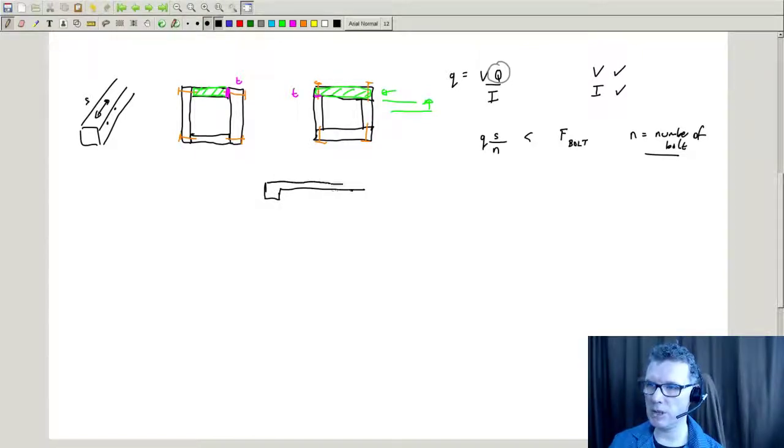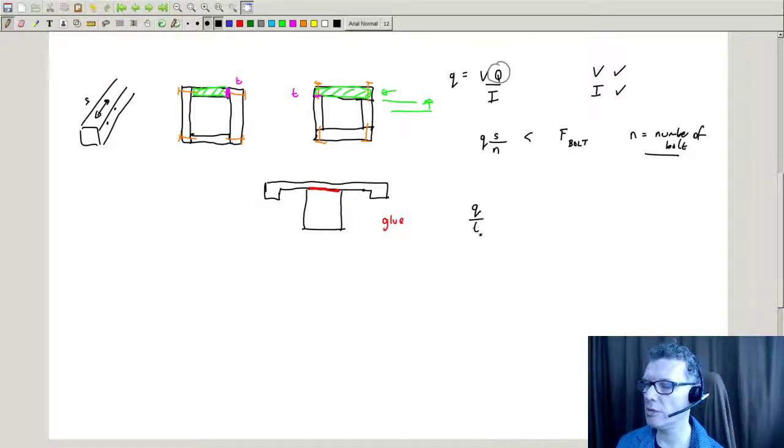So I had an upper plate, and it was stuck onto a lower plate here. We are going to use some glue. What we'd be interested in there would be finding maybe the shear. So we'd be looking at the Q divided by T. So this would be the thickness of the contact.